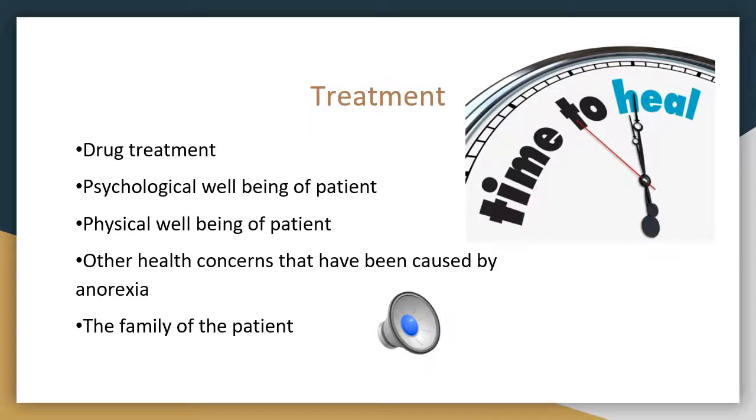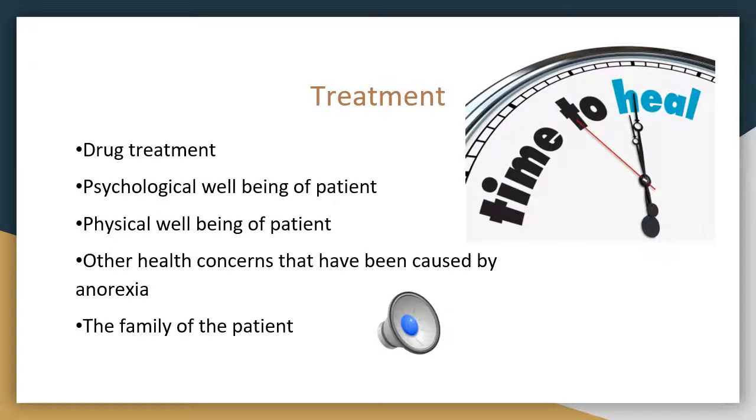Some other conditions that can be caused are osteoporosis or bone mineral density problems, cardiovascular problems, endocrine problems, and menstrual function disorder. It can also cause renal problems, hematological problems, and neurological problems. So these things are all serious, and they have to be treated in addition to anorexia. Anorexia can cause so many different problems.